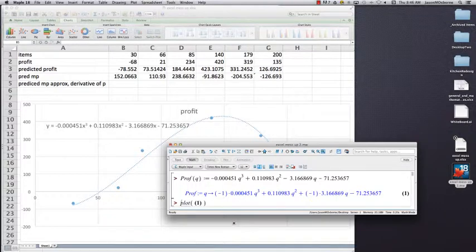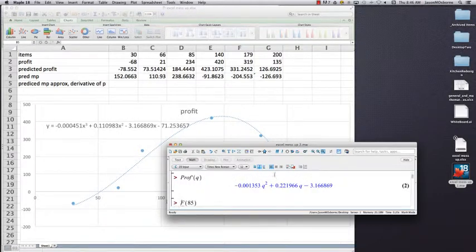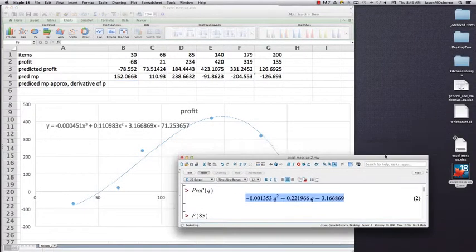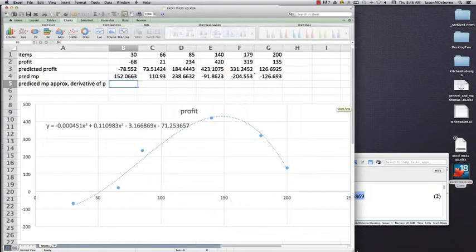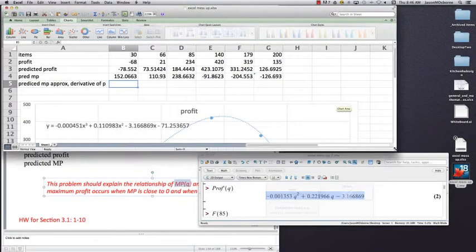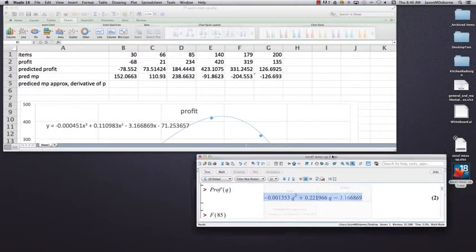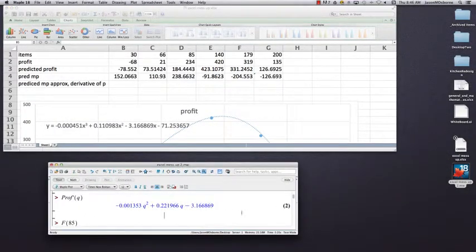We've seen that. So here's your profit function, and let's just put prof prime of q. And here is now your derivative, much more accurately, that we should be able to put into Excel. Sorry, let me minimize some windows so we can see everything that we need to see.